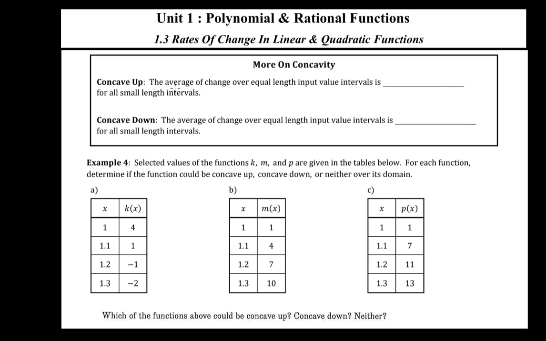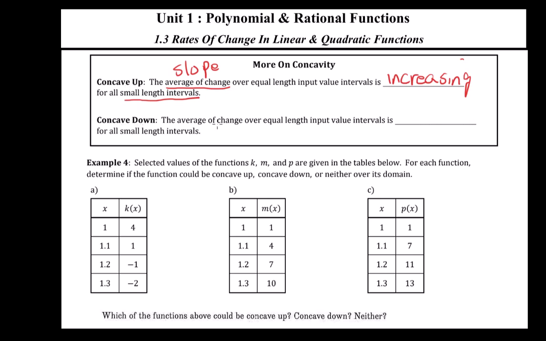When the average rate of change, which is just the slope, of an equal length input value interval is increasing for all small lengths of interval, like 0.1, 0.2, not a large number, then we have concave up.